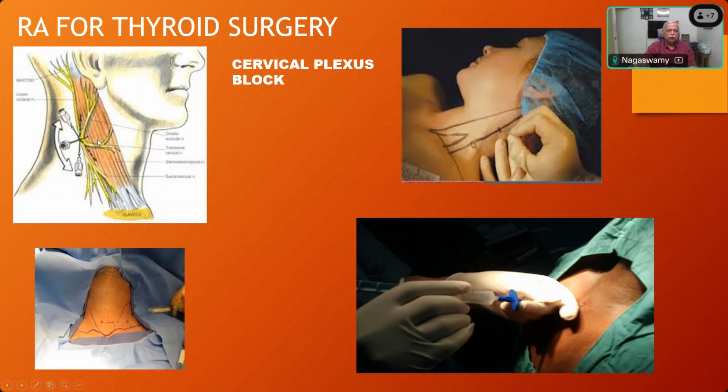So that will take care of all the skin supply in the front of the neck. And deep cervical plexus block is given here. And this is the cervical epidural, which also has been described. So from theory angle, supposing they ask you what are all the regional techniques for thyroid surgery, you can mention all these things.